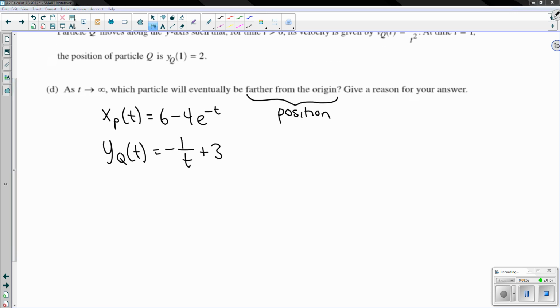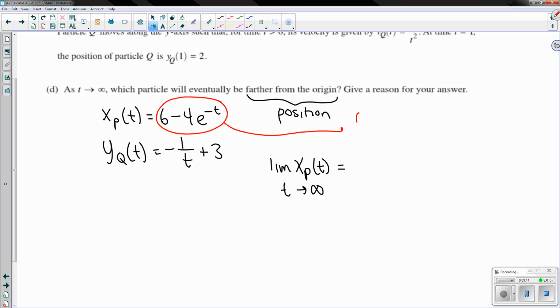Okay, so we're going to say, what is the limit of this position of P as t approaches infinity? Well, as this first function approaches infinity, we have 6 minus, and I can rewrite it like this. This may be helpful in the evaluation.